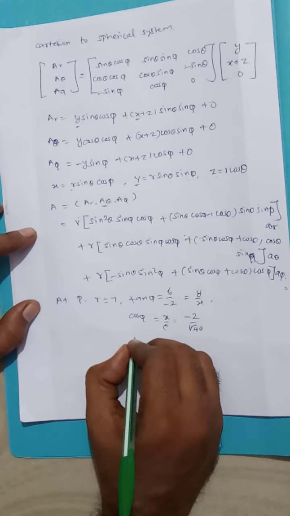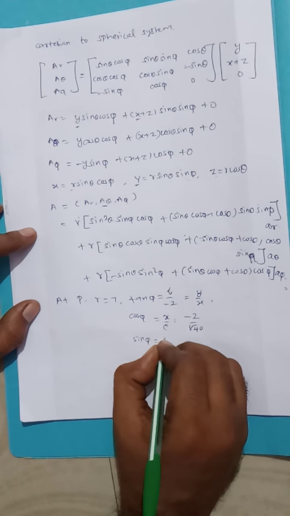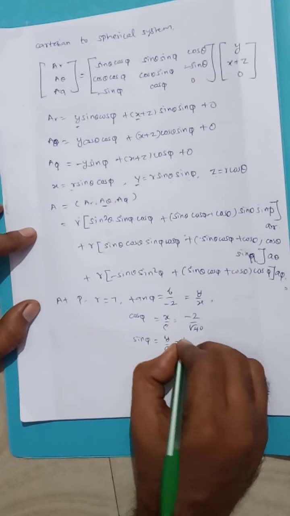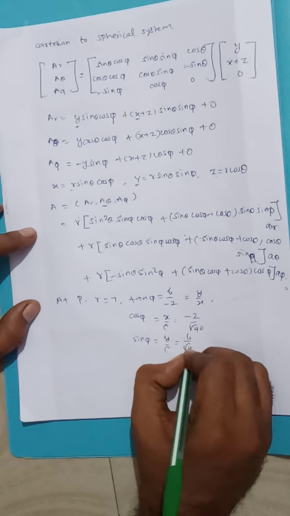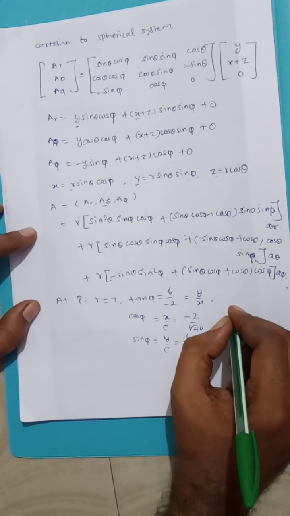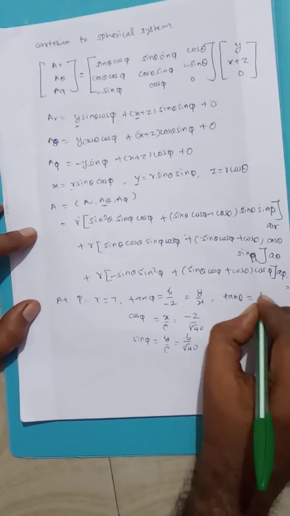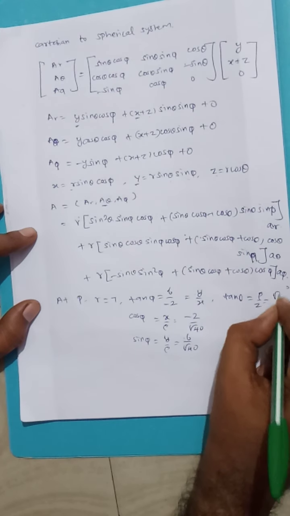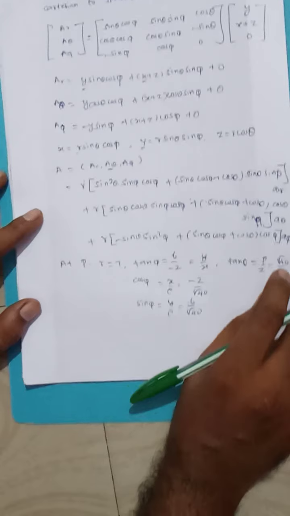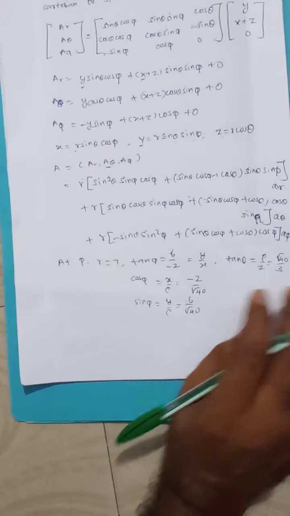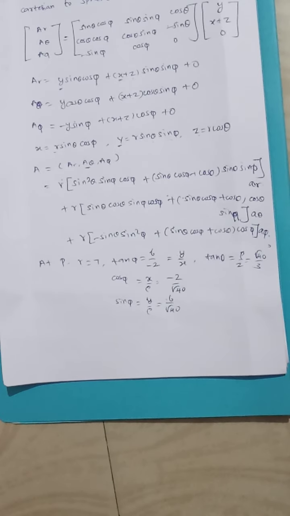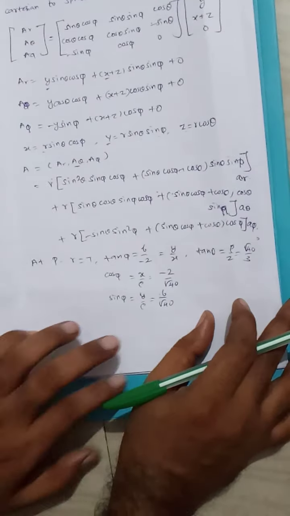I can get the value of sin phi, which is y by rho, which is 6 by root 40. Similarly, I can get the value of tan theta, which is given by rho by z, which is root of 40 by 3. So the corresponding theta values you can find.